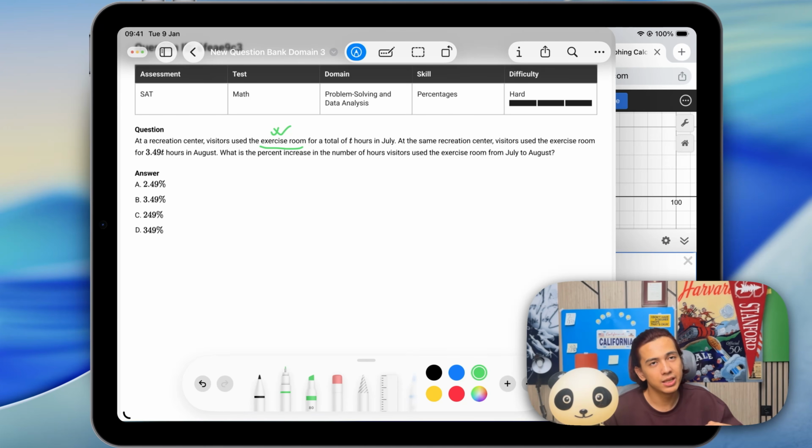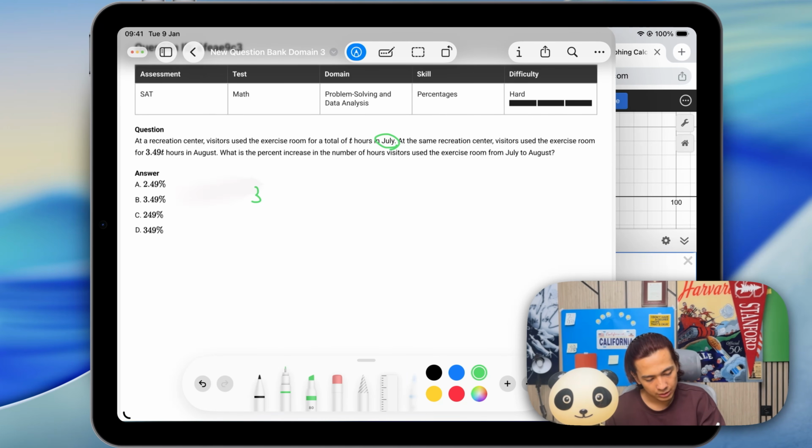You have the same facility, and you're using it at different times. For example, in July you use it 3 hours, and then in August you use it 3.49 times the exercise hours in previous months. What is the percent increase in the number of hours?